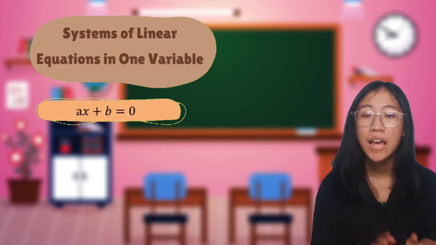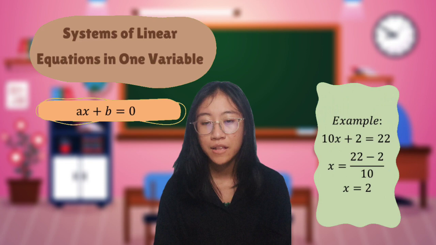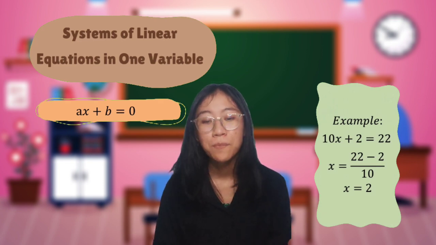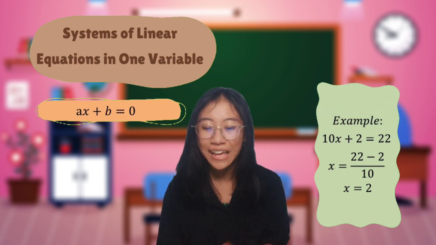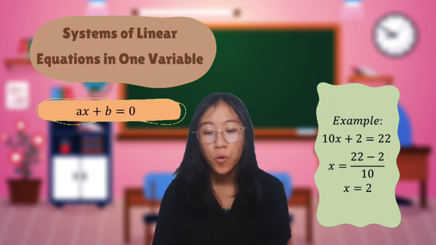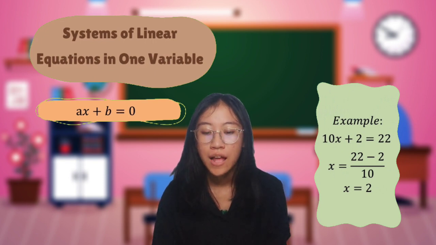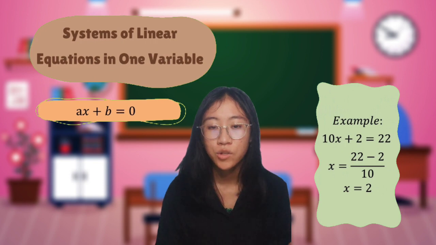They might use y or something else. For this example, 10x plus 2 equals 22. x equals (22 minus 2) divided by 10. So we have x as 2.